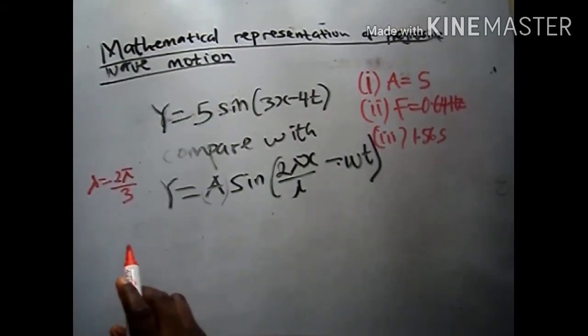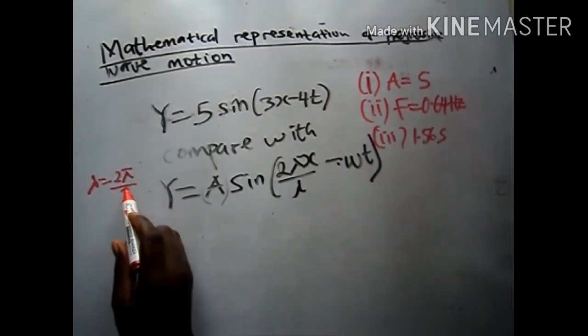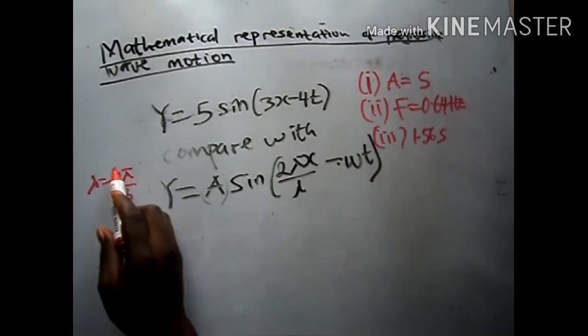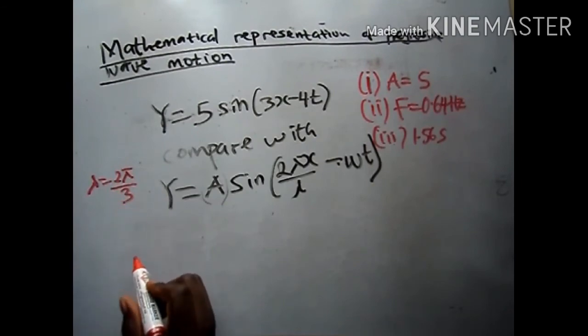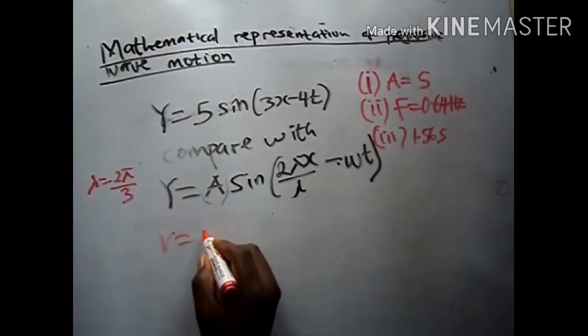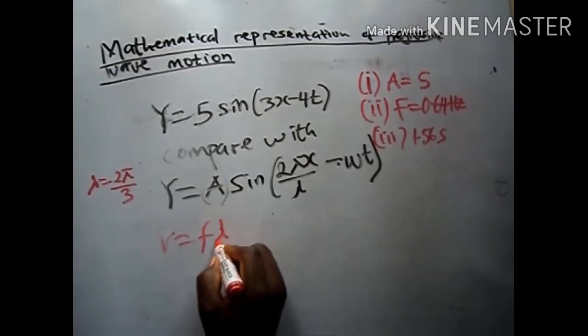I don't want us to deal with decimals, that's why I say we should leave our wavelength this way. Now we have our wavelength like this. So v equals f lambda.